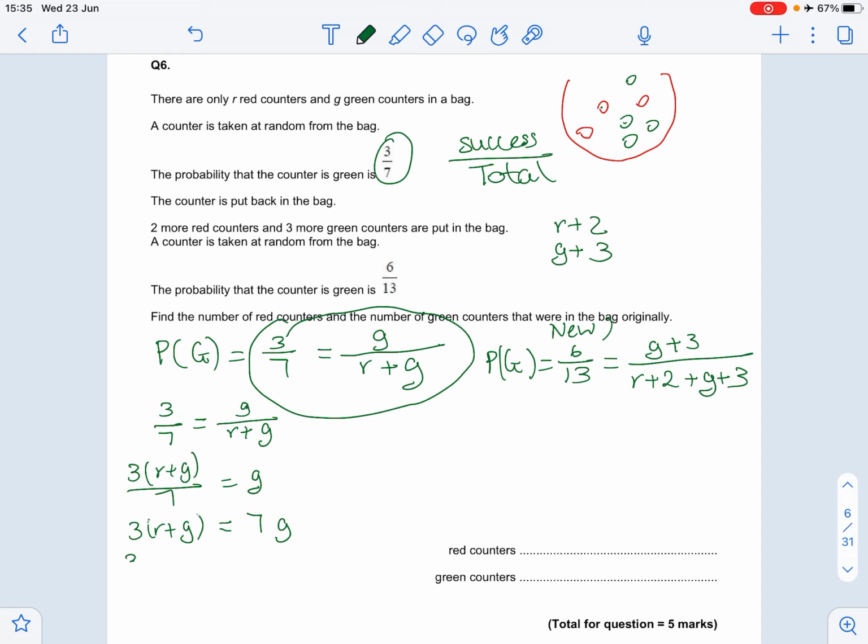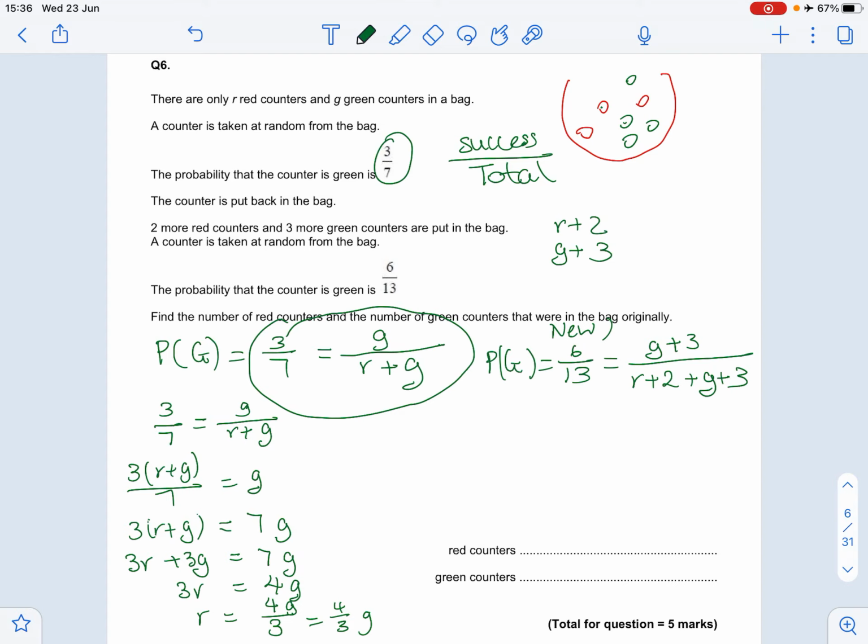Then we expand our bracket. Just making R the subject, so 7G minus 3G, which is 4G. So we know R is the same as 4G over 3, which is just 4 over 3G.